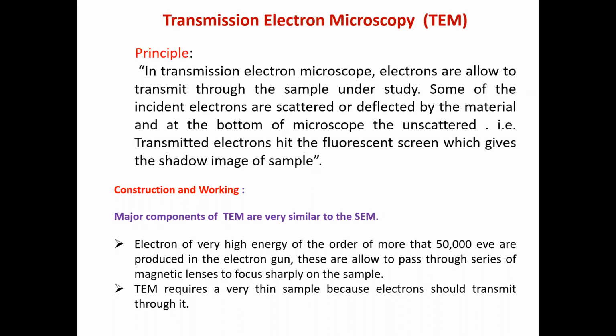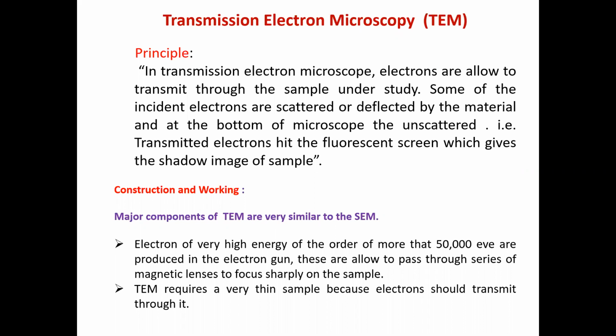But in transmission electron microscopy, the electrons penetrate into the sample, and we can see atomic level structures also. So this is the basic difference between SEM and TEM. We will see that when we look at the distinguishing points.